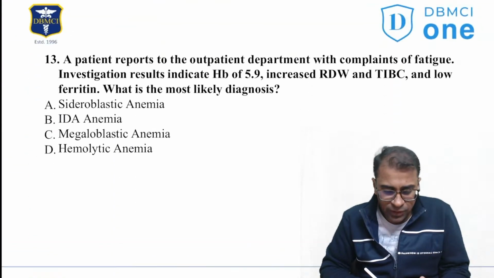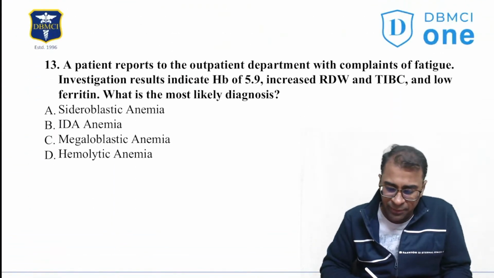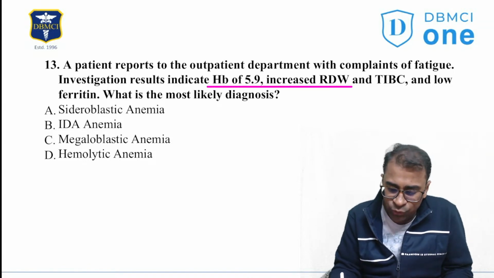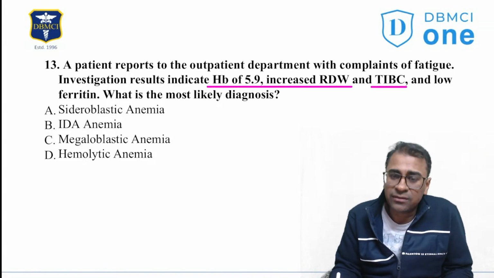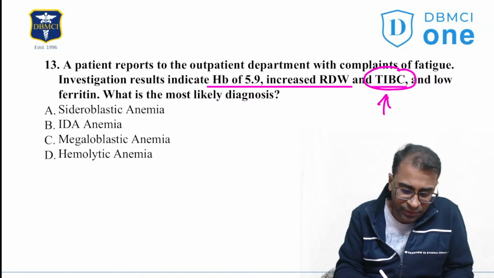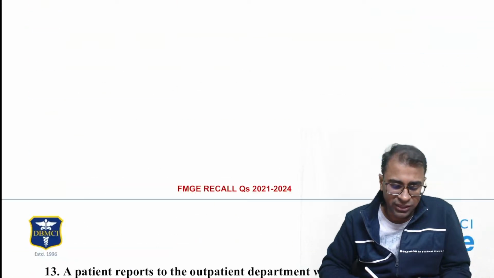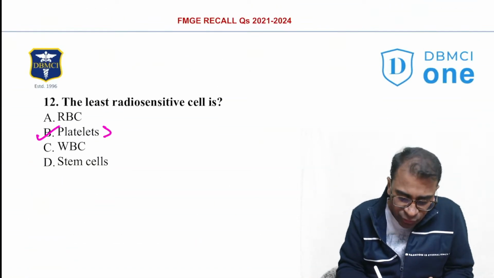ठीक है. Patient presents in outpatient department with fatigue and hemoglobin of 5.9. Increased RDW and TIBC. क्या है ये? High TIBC surely becomes a case of iron deficiency anemia. अच्छा. In this question, if this platelet नहीं होता, then the answer would have become RBCs.